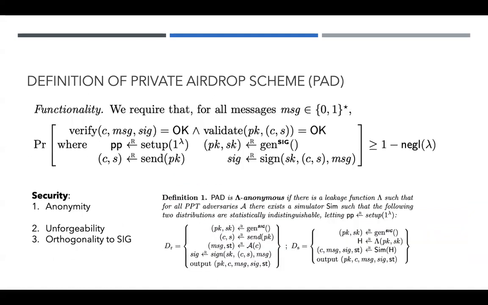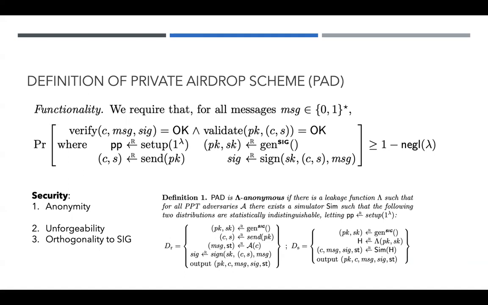The functionality of the private airdrop scheme ensures that verification and validation processes are successful. For any message, it requires the following equation to hold with high probability, as the slides show.